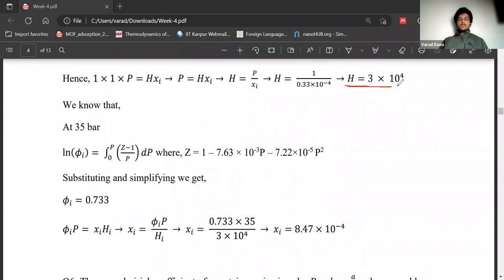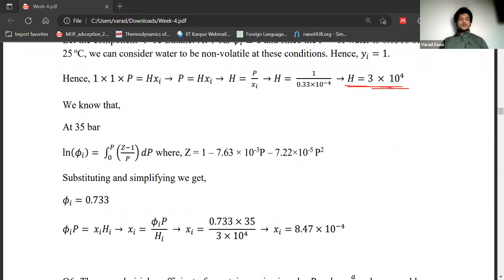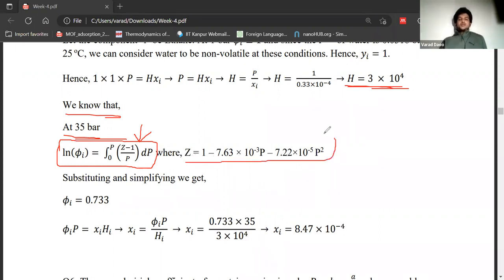the Henry's law constant, and we know that at 35 bar, this is the standard expression to calculate the fugacity, which we have discussed in the previous class. Last week only we solved quite a few examples on this. So ln phi is equal to integral 0 to P of (z minus 1) by P dP, where the expression for z has already been given to us for ethane.